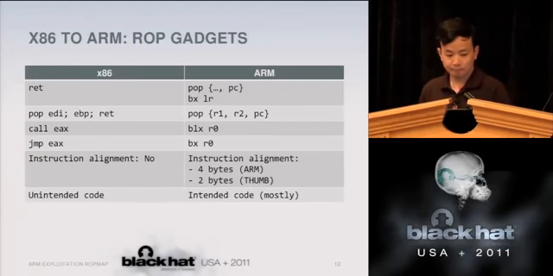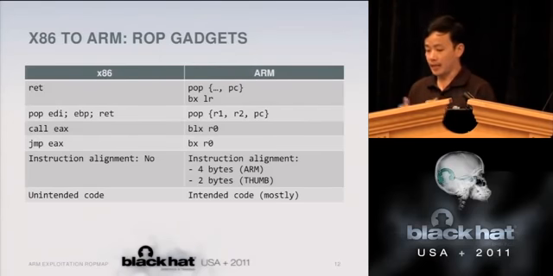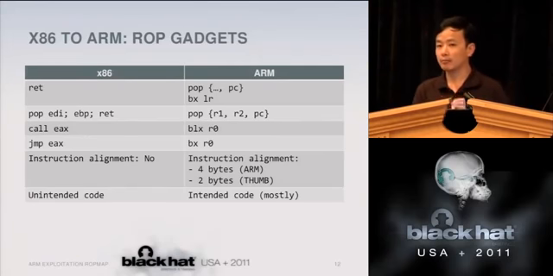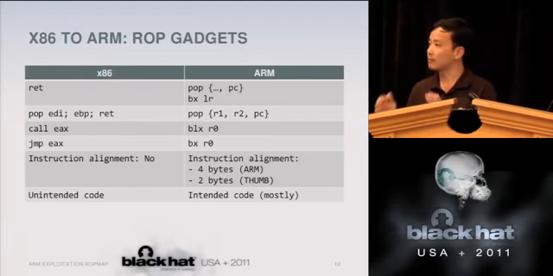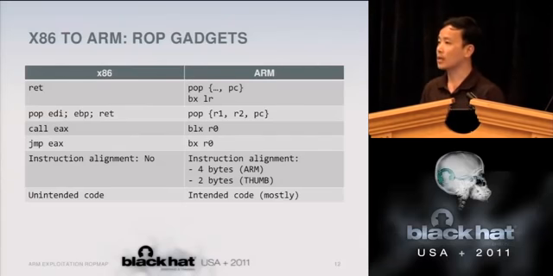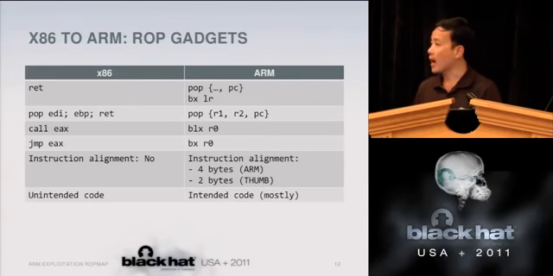Note that for the x86 architecture, there is no alignment of instructions, so you can find a lot of gadgets from unintended code. For example, code that just does data movement, but by shifting every byte, you can find interesting gadgets. In the ARM architecture, it's a bit different.